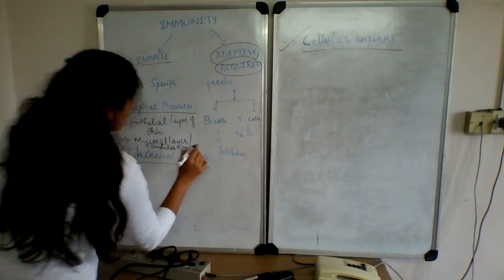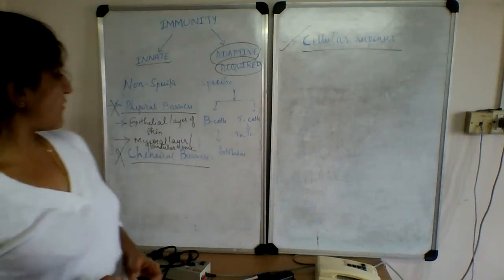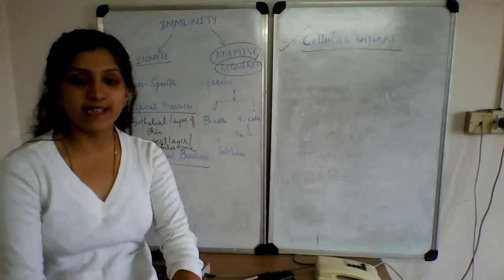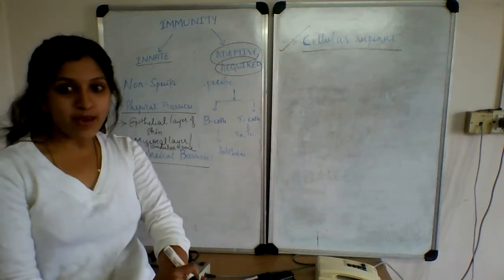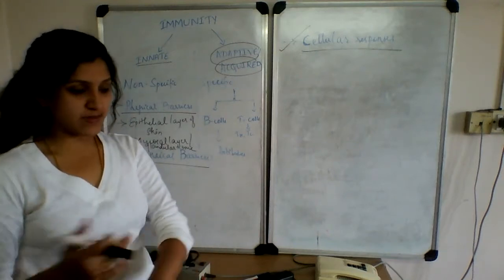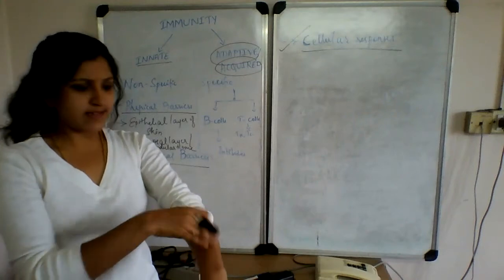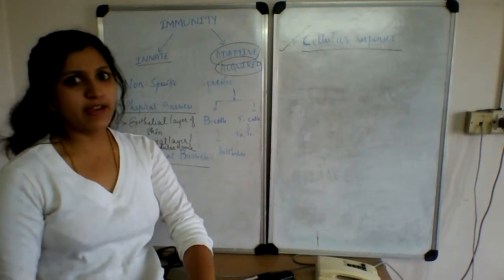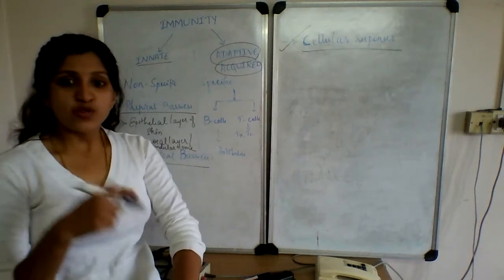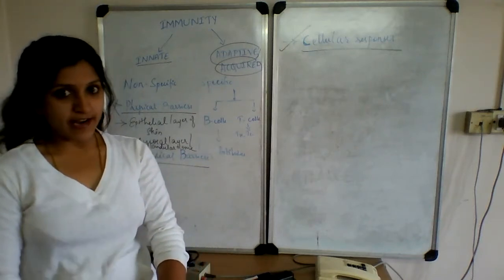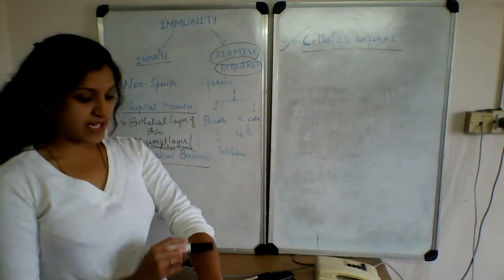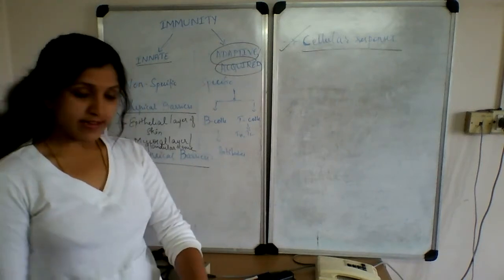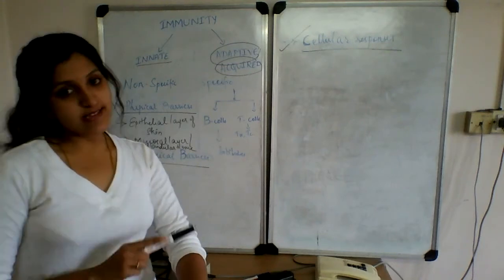Our whole body is covered by skin, so this is impermeable to these microorganisms. Directly like this, any bacteria or microorganism cannot enter our body. If there is damage, it can enter, but if there is no damage, then the bacteria cannot enter. So we say this is impermeable.